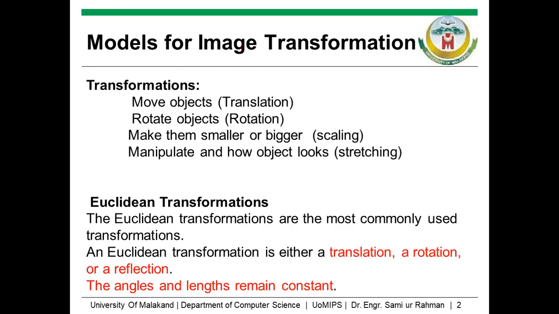Models for image transformation. Transformation means moving objects from one place to another in an image, rotating objects, scaling, which means making them smaller or bigger, and manipulating how an object looks, which is stretching.